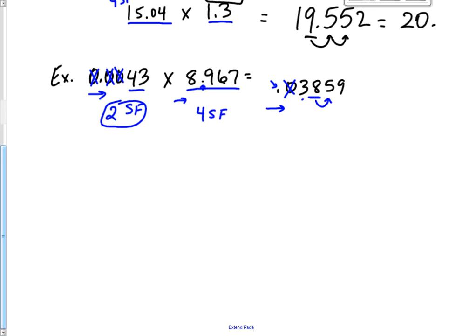We're going to look to the right, and because it's a 5, we're going to look to the number to the right of that. All right, the number to the right of the 5 is a non-zero, so that tells the 8 to round up. So our answer is actually 0.039. We have two significant figures here, and we have two significant figures here, so we are good. Here's your answer.